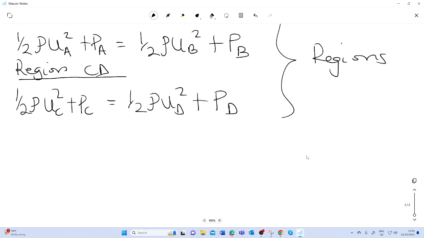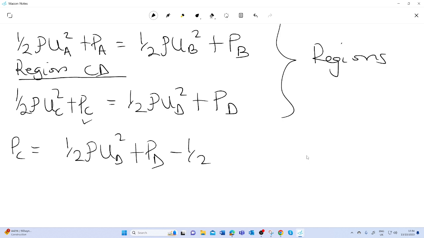Now from the equation here, we can find PC. So our PC becomes half rho UD squared plus PD minus half rho UC squared. Also, we can find PB after finding PC.